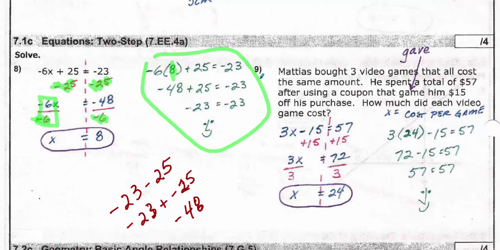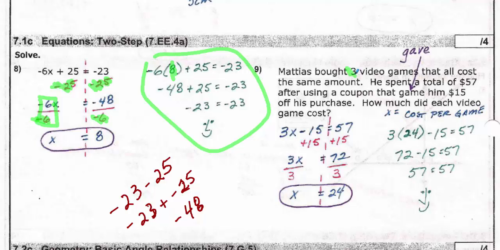Number 9. Matthias bought 3 video games that cost the same amount as each other. When you see that, think of as each other. He spent a total of $57 using a coupon that gave him $15 off his purchase. How much did each video game cost?